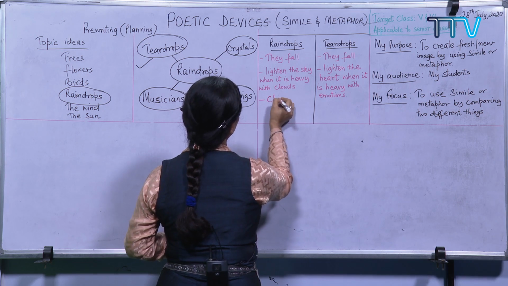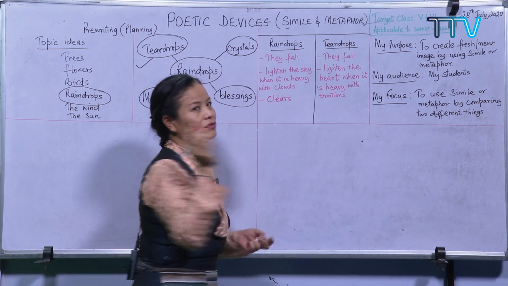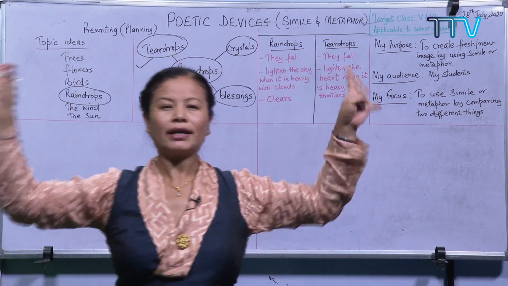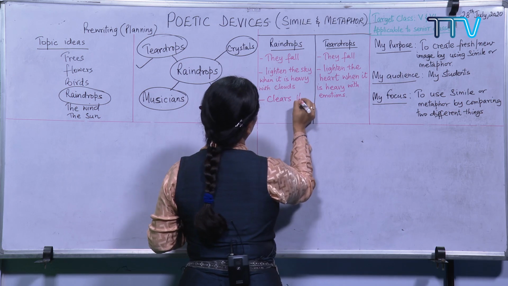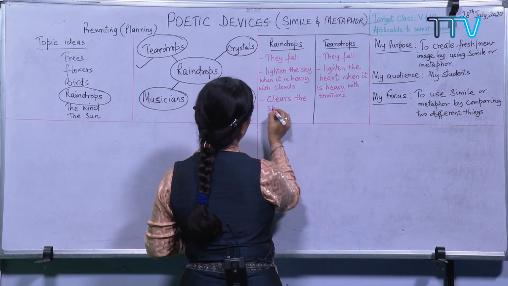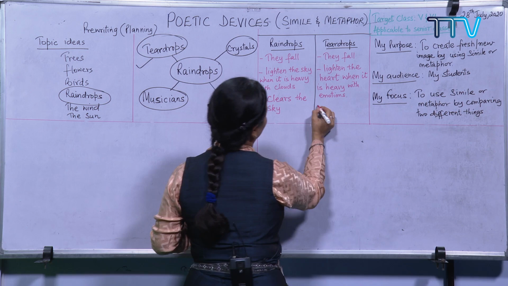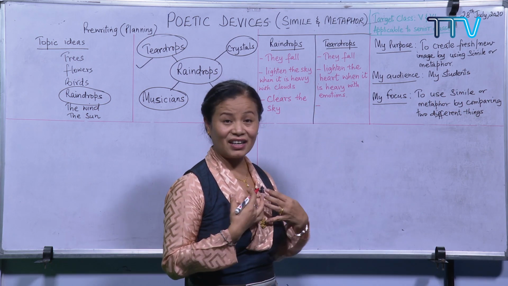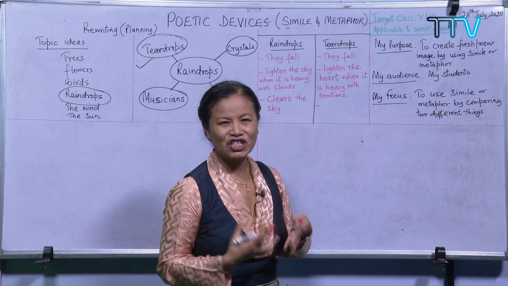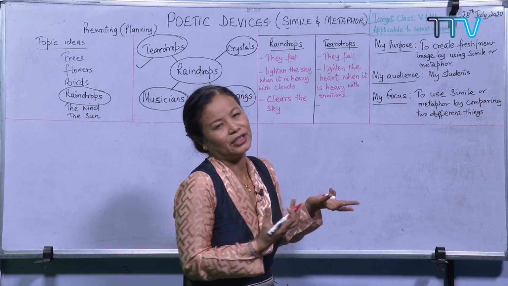Lighten the sky, clears the sky, isn't it? After rainfall, what do you see? The sky is clear, isn't it? Clears the sky. Lightens the heart, isn't it? Relieves the heart, it makes the heart cheerful in a way, right?